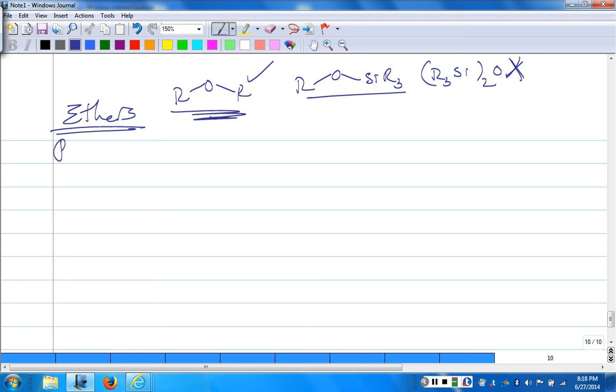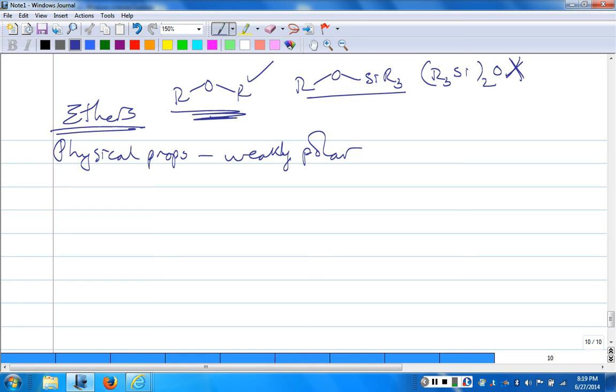In terms of their physical properties, ethers are weakly polar. So they're kind of mid-range polarity. And ethers tend to be very volatile because they are not hydrogen bonded.